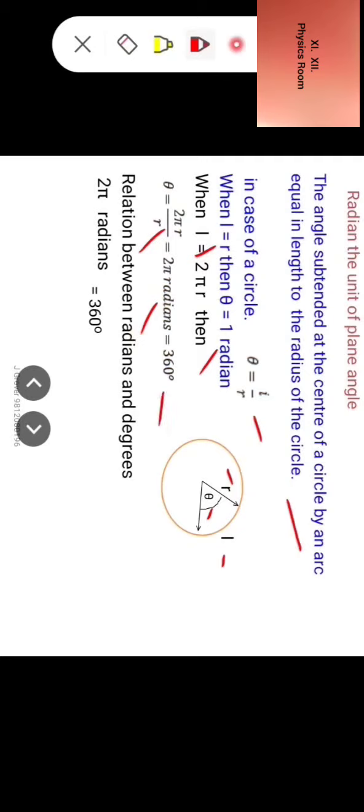Now we have a relation between radian and degrees, that is 2 pi radians is equal to 360 degree, or pi radians is equal to 180 degree.